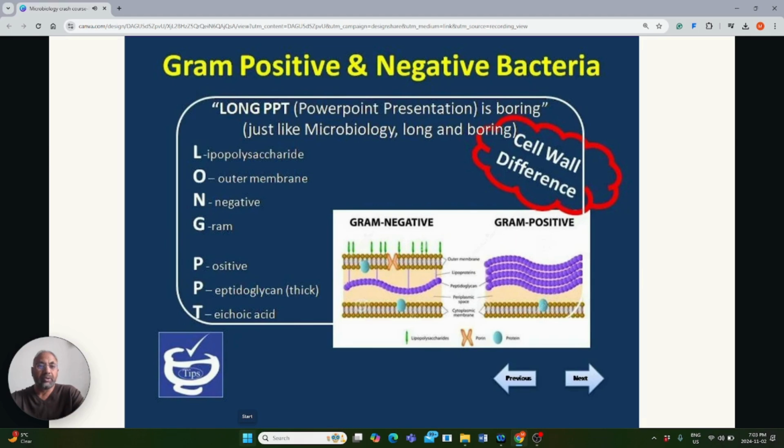And the gram positive bacteria are the ones with a thick peptidoglycan layer and presence of teichoic acid. So this is how we basically differentiate between the gram positive and the gram negative bacteria. There are other ways also, but for the purpose of this course, I think this is quite sufficient for you to know.